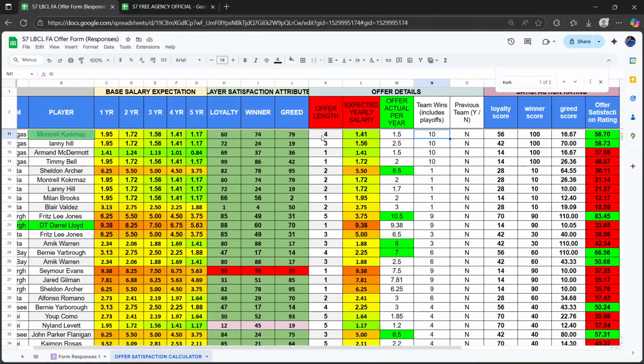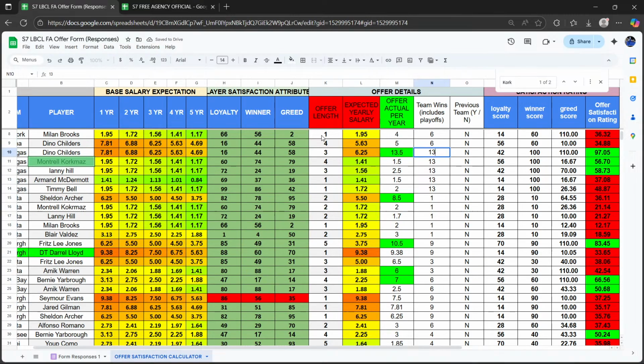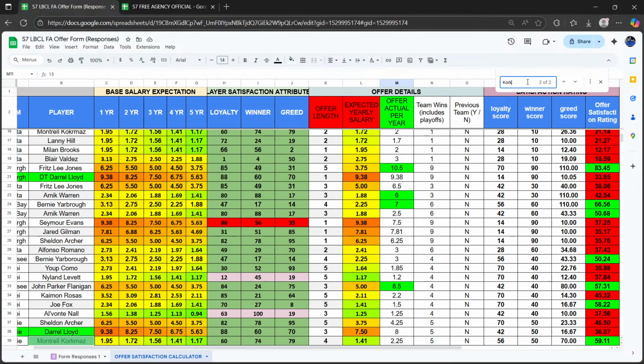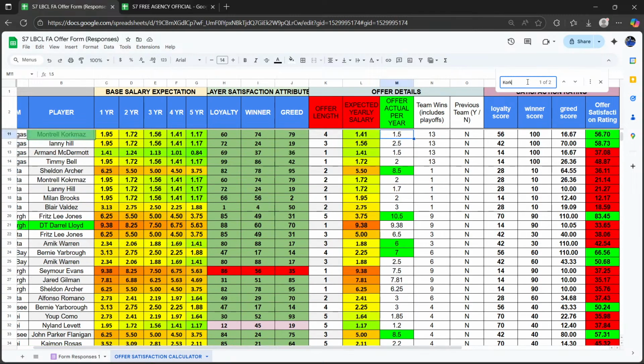I mean, actually, yours shouldn't even be that. Yours should be 13. But it doesn't even make a difference because it's on a 100-point scale, which is 10 per victory, but whatever. So Korkmaz up here versus, let's see down here, 59.1. Let's see why.